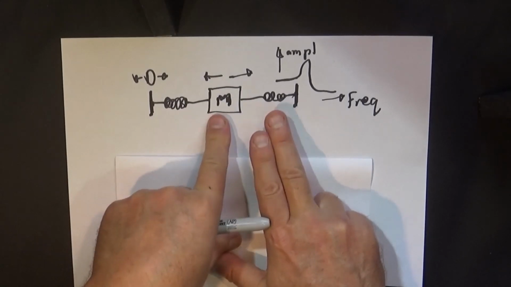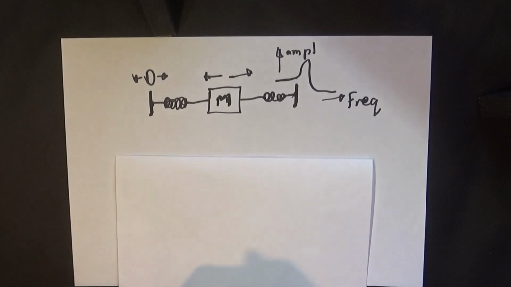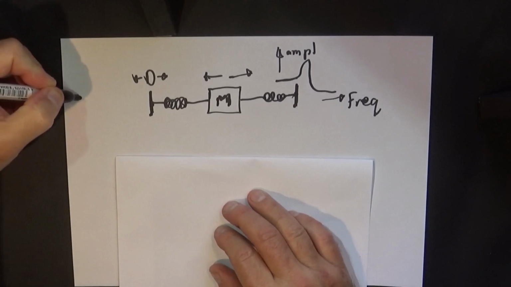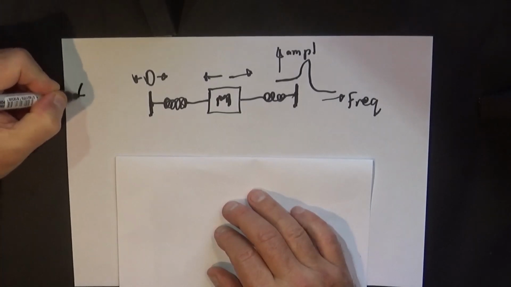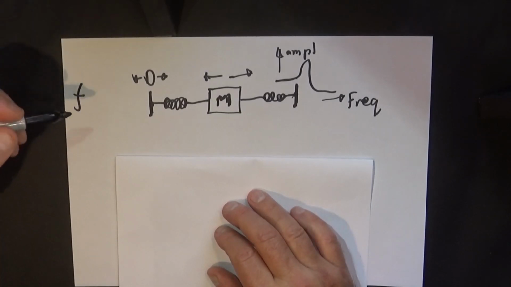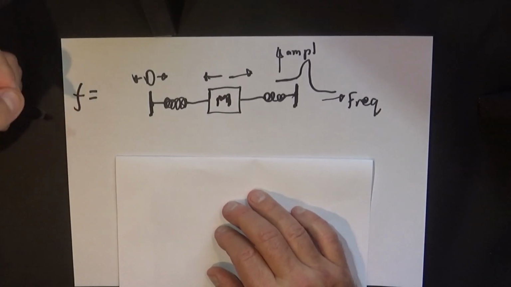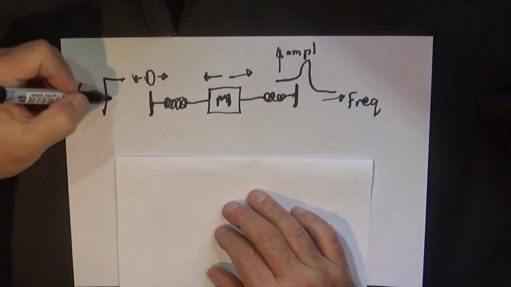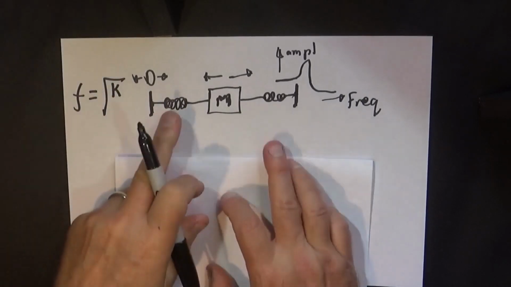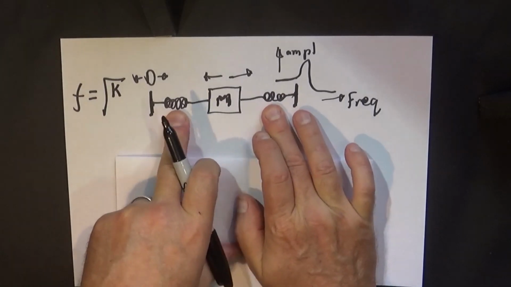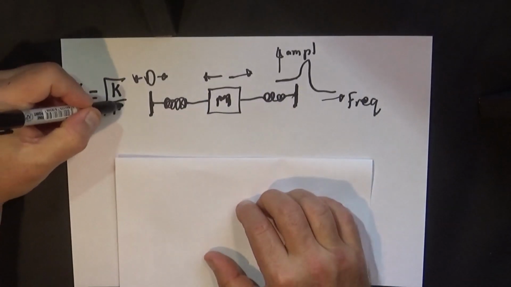Well, if you do the mathematics, which we're not going to do, we find that the frequency, and yes, if mathematicians among you, this is angular frequency, but we do not care about the odd factor of 2 pi, is the square root of k, the spring constant, how hard the spring pulls back, over m.